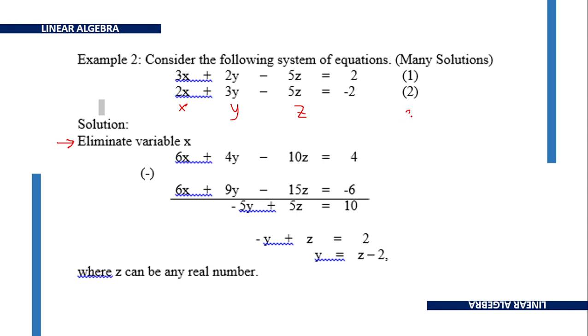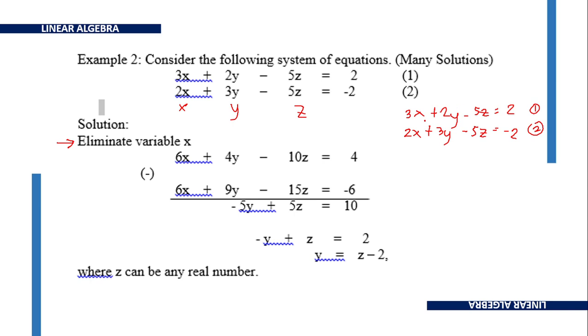We have 3x plus 2y minus 5z is equal to 2 and 2x plus 3y minus 5z is equal to negative 2. So this is our equation 1 and this is our equation 2. So how do we cancel or eliminate variable x?